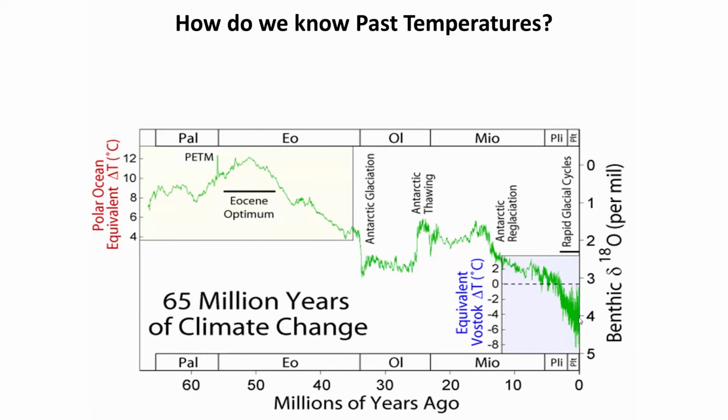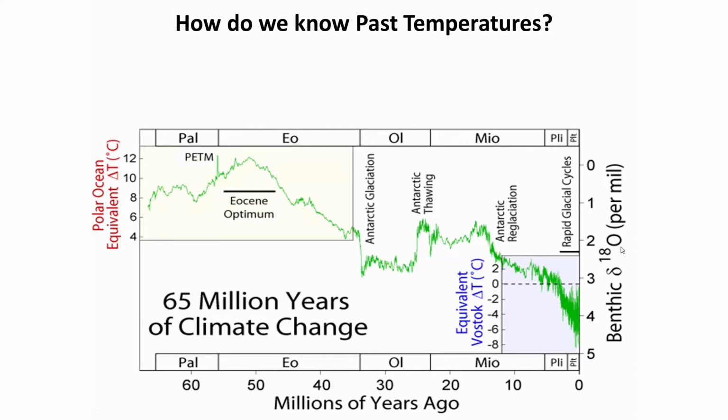So there are various terms here that we will keep coming back to. This is called benthic delta O18, which basically means benthos means the bottom of the ocean, benthic means the bottom waters. Delta O18 is basically an isotope of oxygen.